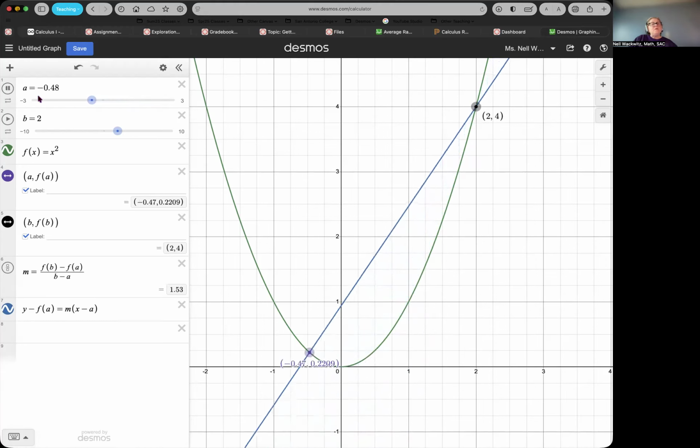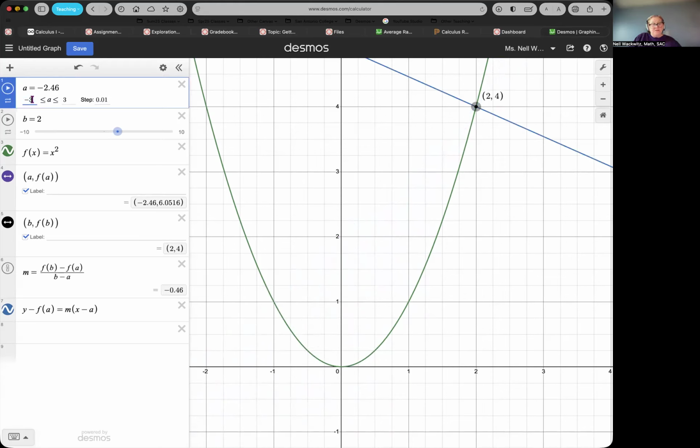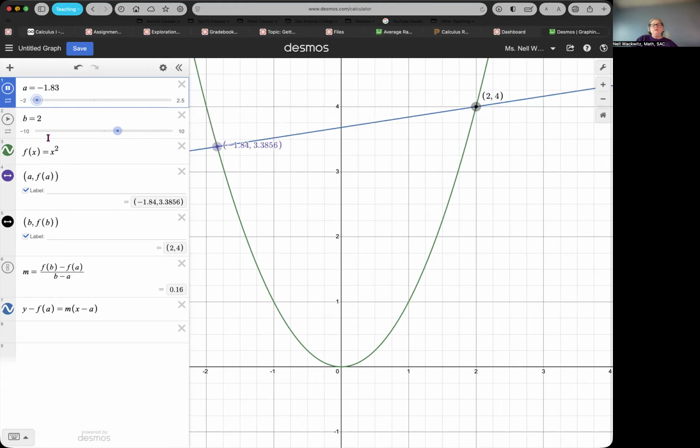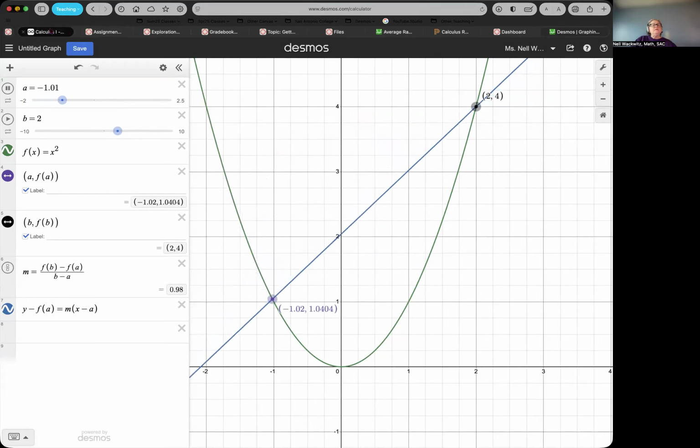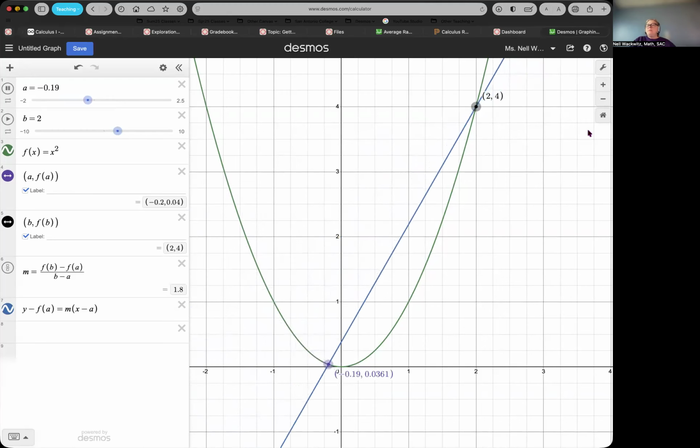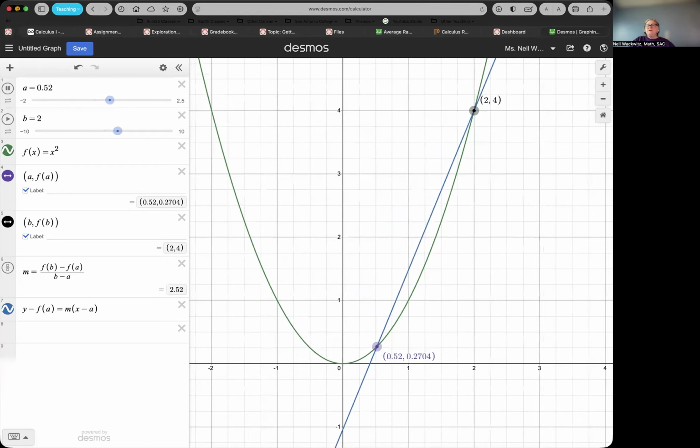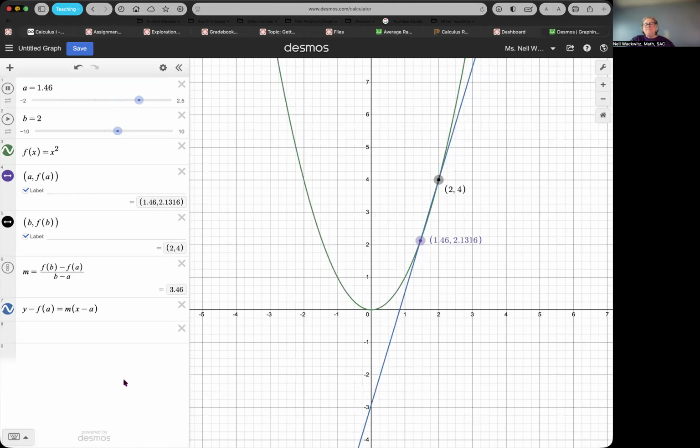And I think I want to narrow it. Let's make it go from -2 to 2.5. How about that? And there we go. Now we can see everything. So all I did was hit the little minus sign.